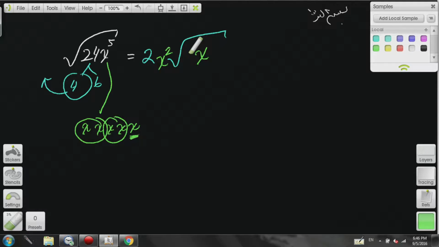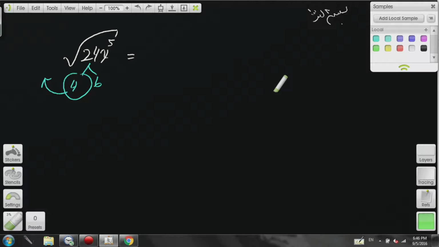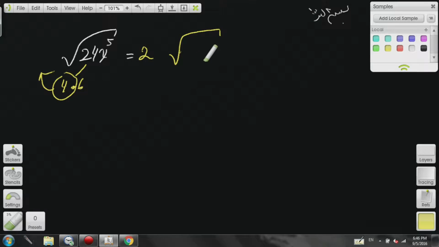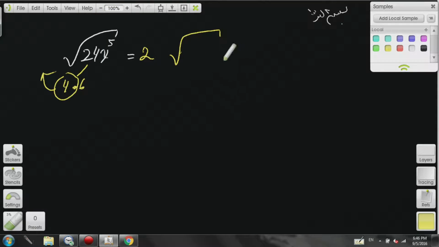And then the 6 here, okay, like this. So let me do the same example again, so you make sure you get this. So 24 is 4 times 6, 6 times 4 is 24, and so this 4 can come out, so it'll be 2, and the 6 will remain inside, and x to the 5th, that's like x to the 4 times x, right?